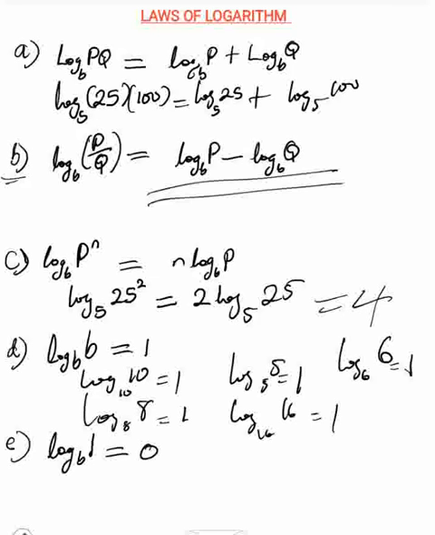Take note of that. And the final law we're going to consider here is log 1. Log 1 is always equal to 0, to base b, to any base. So logarithm of 1 is equal to 0. You recall that any number raised to the power of 0, as we have in indices, is equal to 1. So log 1 will be equal to 0.